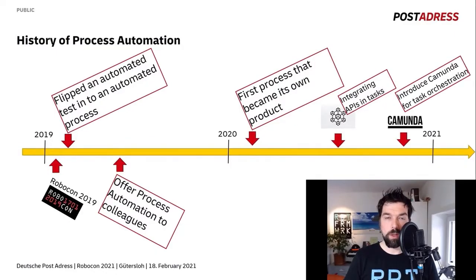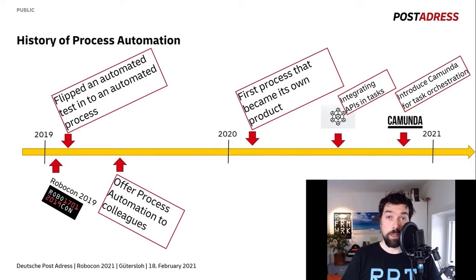And finally, we found a way to visualize our processes themselves. There were talks, and lightning talks, I think, in RoboCon 2020, about how to visualize processes and how to integrate them into Robot Framework. And they were on our list for checking, but somehow we remembered that we had heard about something called Camunda that would be good for orchestrating processes and tasks.